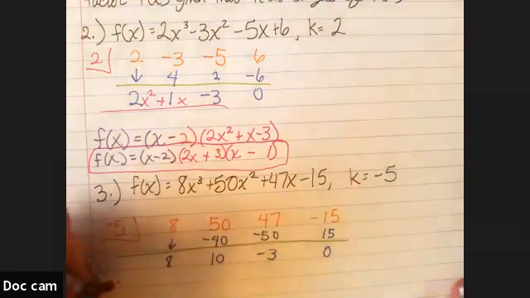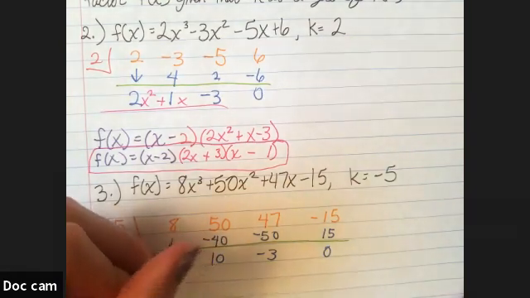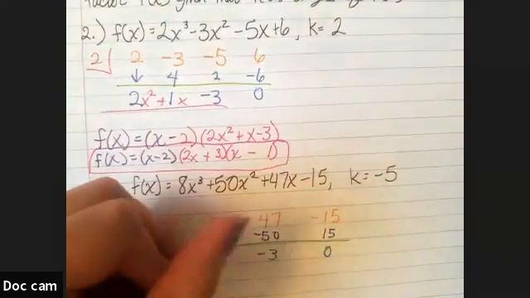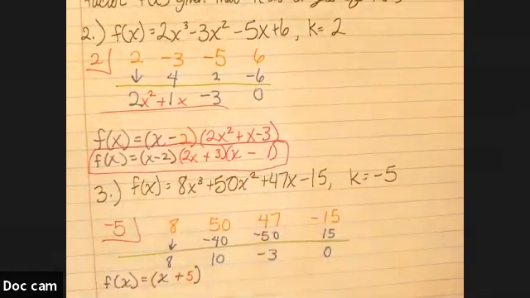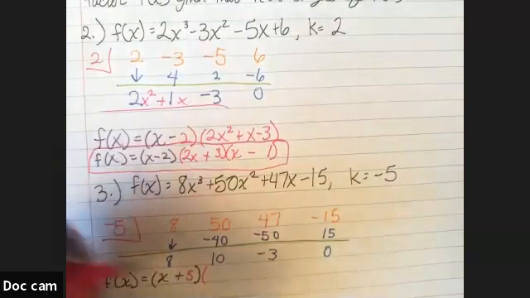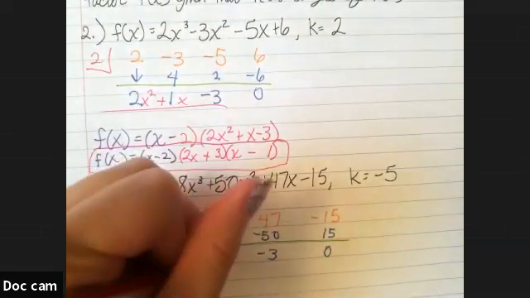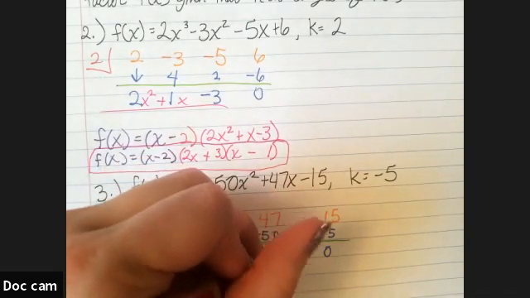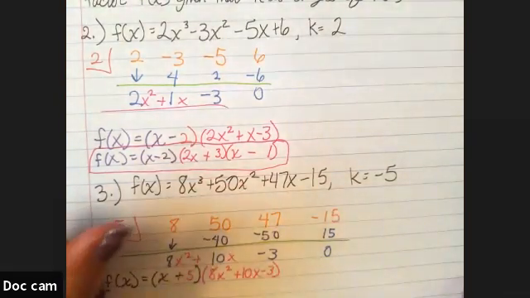So now we know that f of x equals x minus -5. So that's the same thing as x plus 5 times 8x squared plus 10x minus 3. All right, so we can factor that.